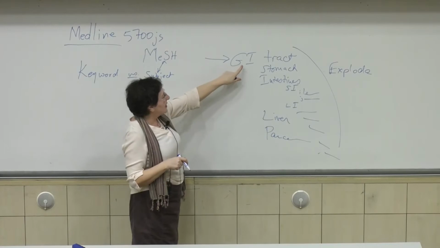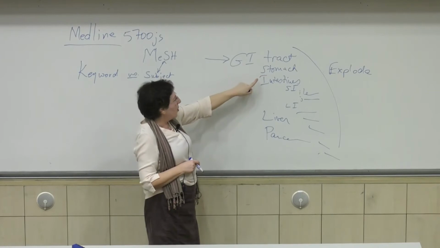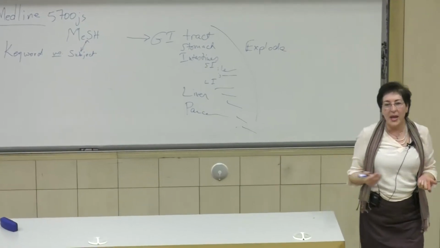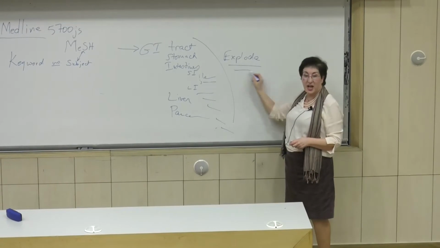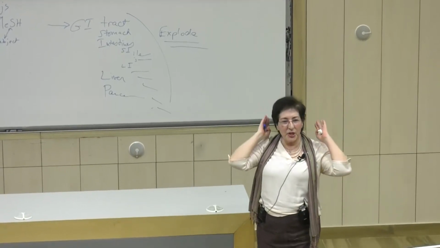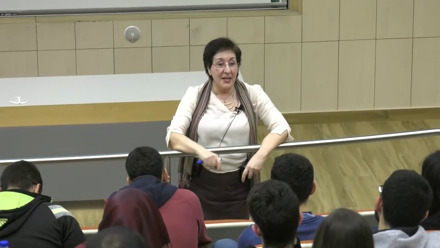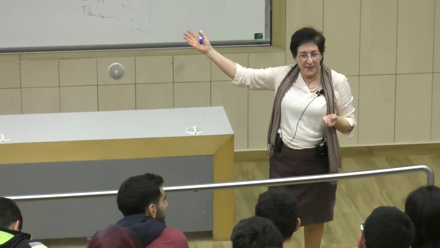I will retrieve articles talking about gastrointestinal tract, or articles talking about stomach, or talking about intestines, or talking about ileum, or talking about liver, or talking about pancreas. This explode is the wow of searching on the computer. Can you imagine? I search with the MeSH gastrointestinal tract and explode. I get articles talking about ileum, talking about jejunum, talking about liver, talking about pancreas. Can you see this wow explode?